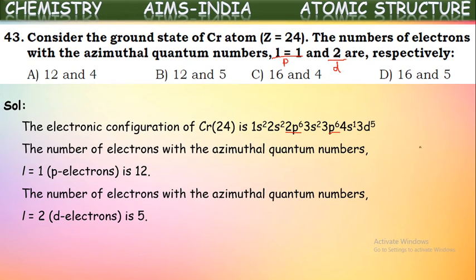Only 5 electrons are there. So 12 and 5 is the correct answer. There are 12 electrons with azimuthal quantum number L value 1, and 5 electrons with azimuthal quantum number value 2. 12 and 5. Where is it? The B option. Okay. Next one.